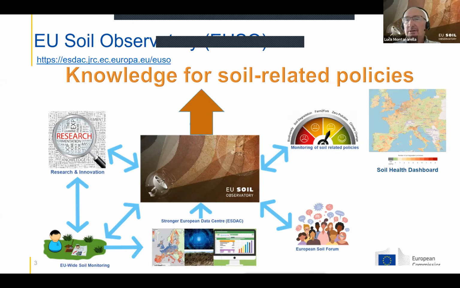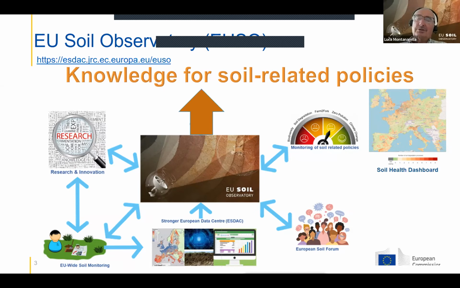We already organized a couple of sessions of this open forum, and it's important that everybody has the possibility to interact with the process of data collection, so that the transparency of what we do is obvious for everybody, because data are important, but it's also important to understand how and why these data are collected, and to make these data as available as possible to everybody, also for further analysis and use.